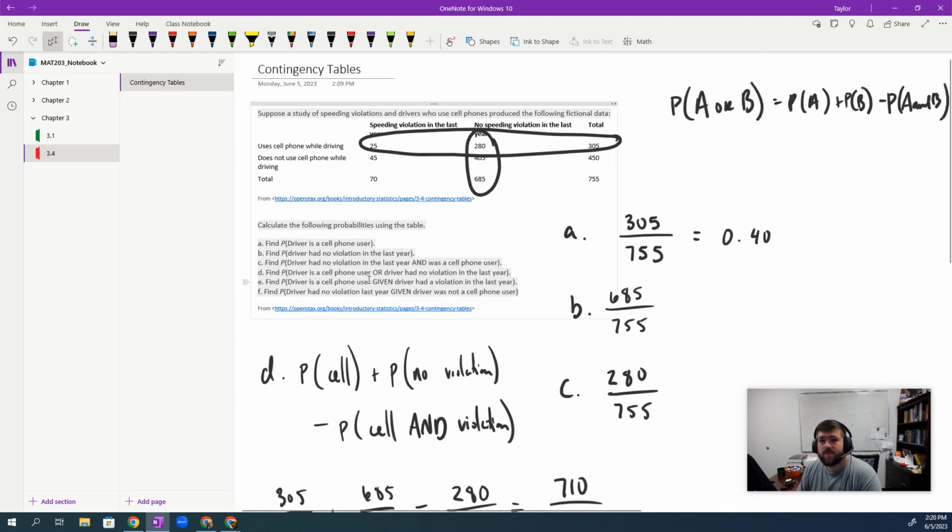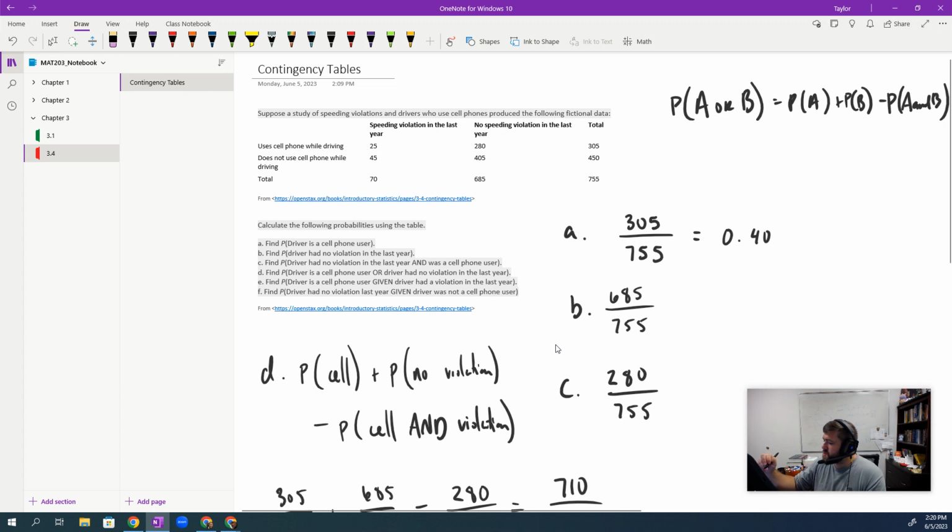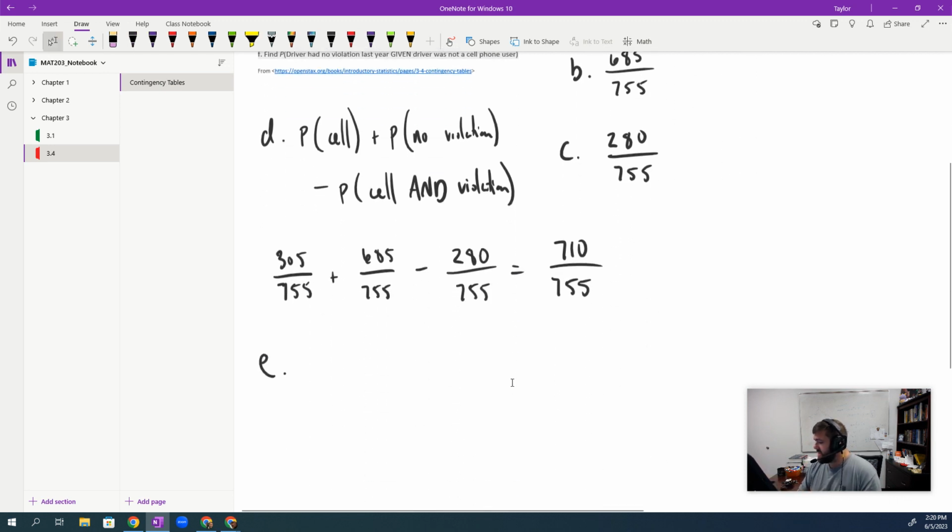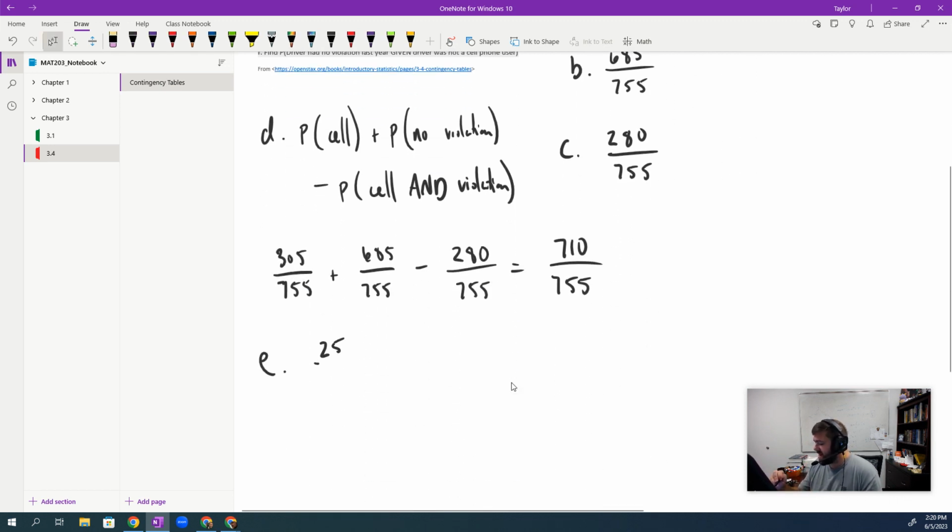With this given, we're restricting where we're looking. So if it's given that the driver had a violation, that means we're only looking at the 70 people in the study who had a violation in the last year. Of those 70 people, how many of them are cell phone users? 25. So E is 25 out of 70.